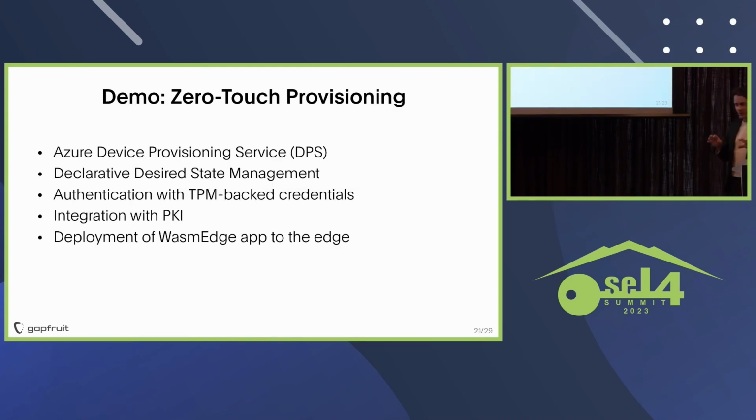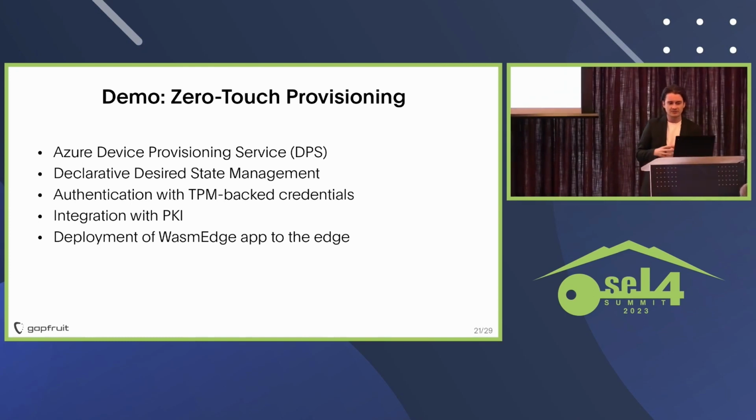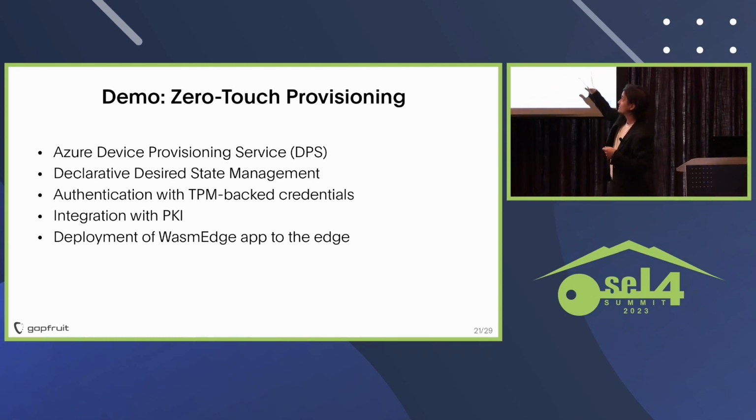So now we're going to come to the real demo of combining everything that I have talked about so far. I will show how the different topics fit together. For one, there is the Azure Device Provisioning Service.